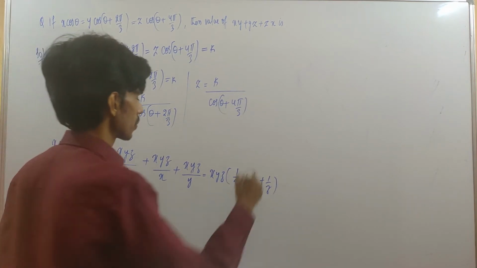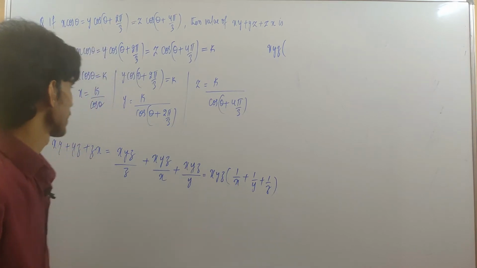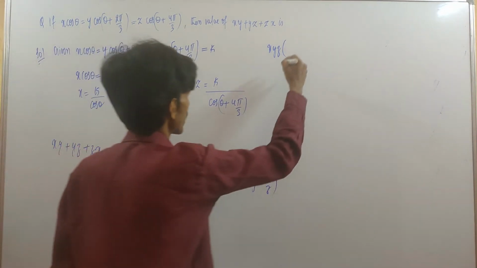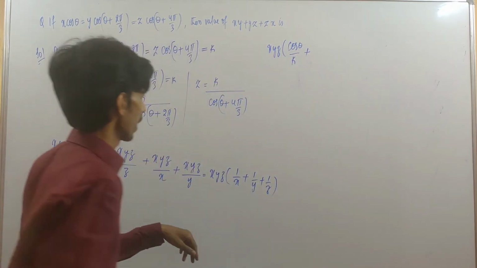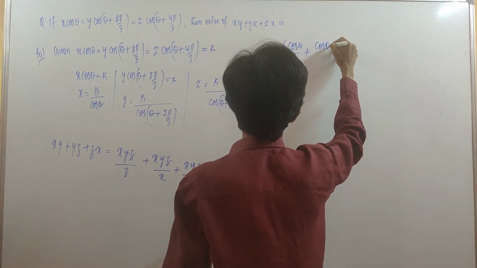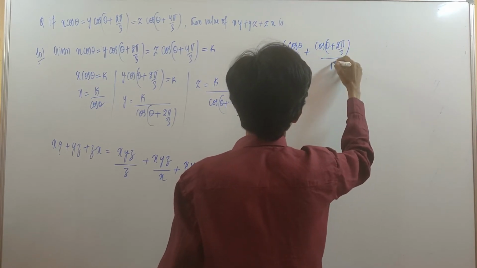Now put the values of x, y, z. 1 by x: here we have the x value, so 1 by x means the reciprocal, cos theta by k. Plus 1 by the y value, the reciprocal: cos(theta plus 2 pi by 3) divided by k.